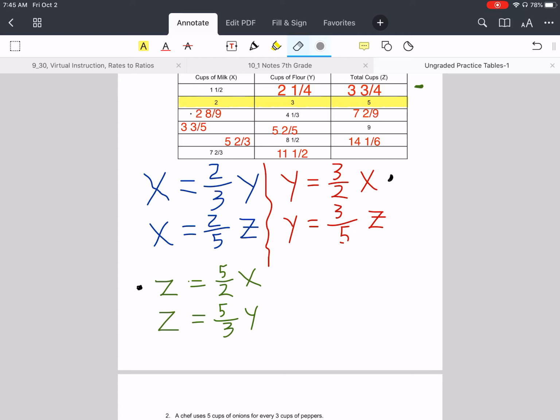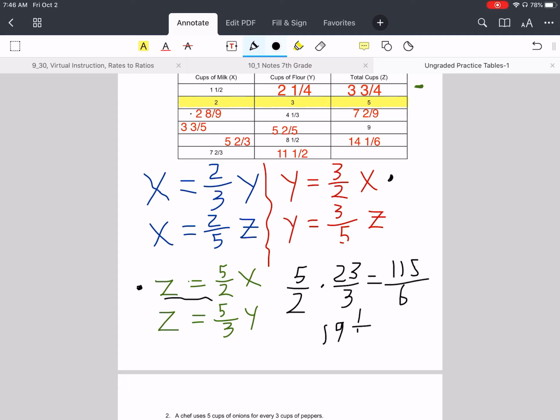Okay, last step for this problem. We're trying to find the z value. We can see that z is equal to 5/2 times x. So we're taking 5/2, multiplying by x, which we know is 23/3, because 7 2/3 simplifies to 23/3. That is going to get us 115/6. 6 times 19 will get us 114.